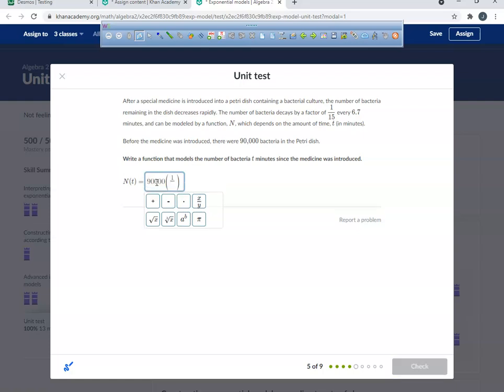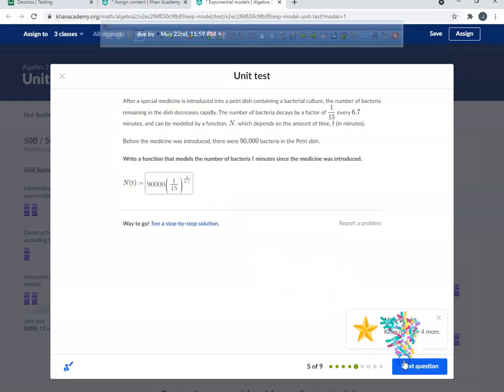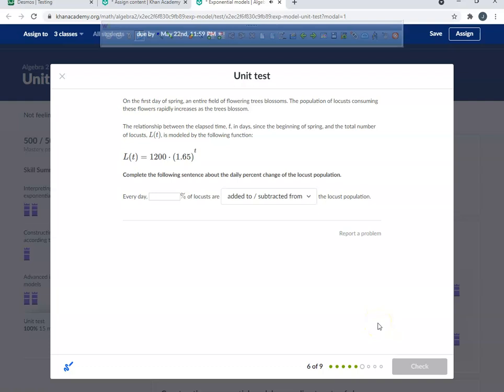Parentheses, 1 divided by 15. And I got to raise that to the power of T over 6.7 minutes. Okay. Nailed it. That was easy.